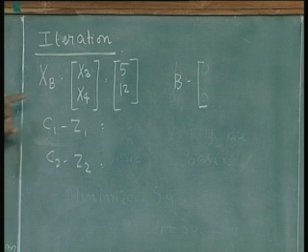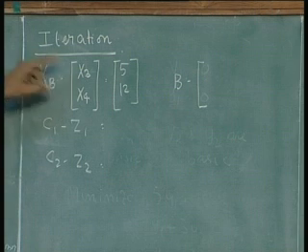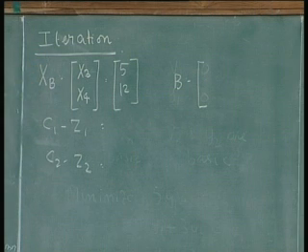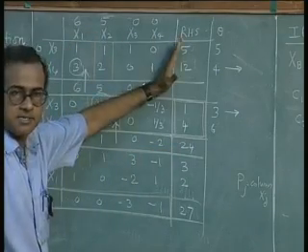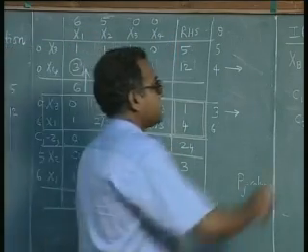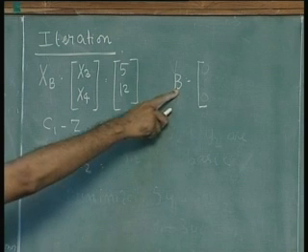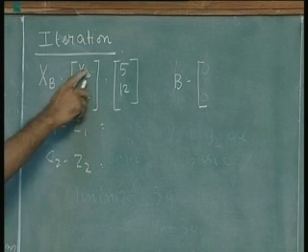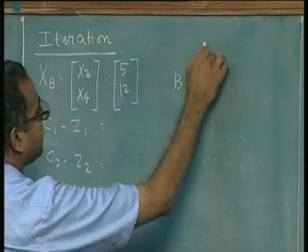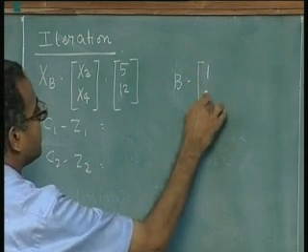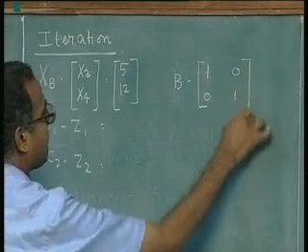We define Pj as the column in the original matrix, and the basis matrix B is obtained from the Pj's corresponding to the basic variables. So in this case the basis matrix will be P3 and P4, which is 1 0 0 1.